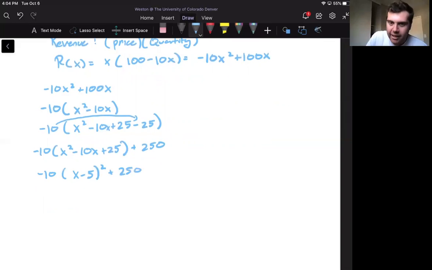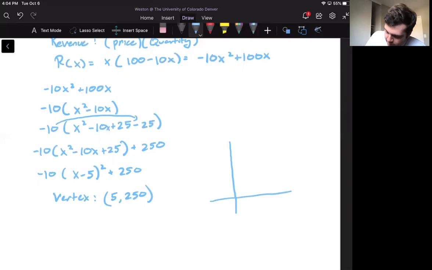So that's our vertex form, and our vertex is at (5, 250). So our graph looks something like this, where we have 0 and 10, and at 5 we're up here at 250.